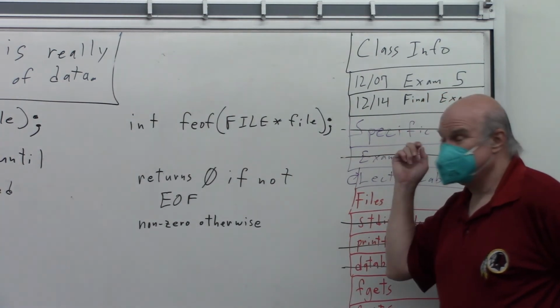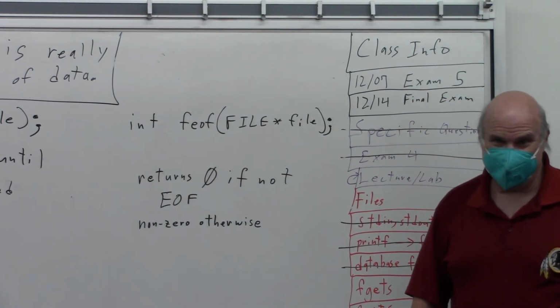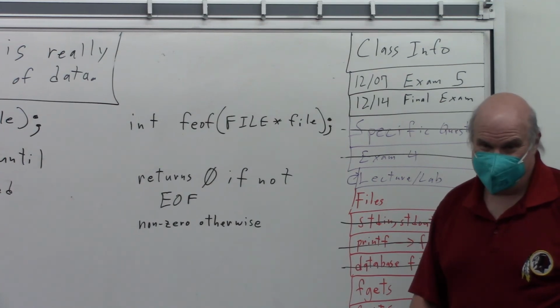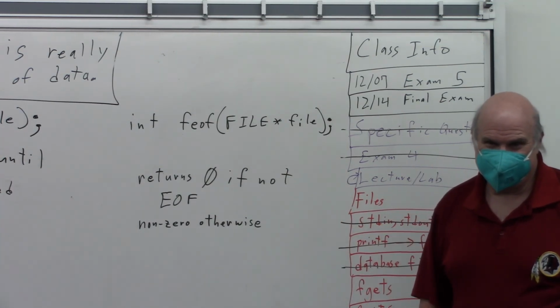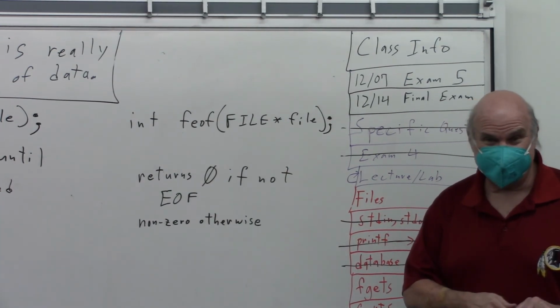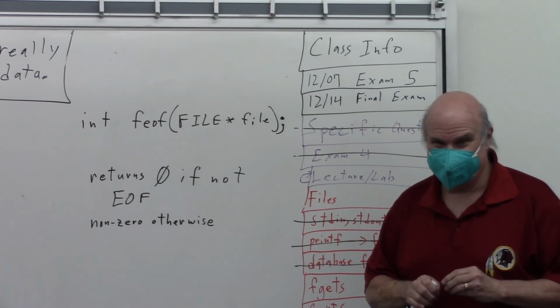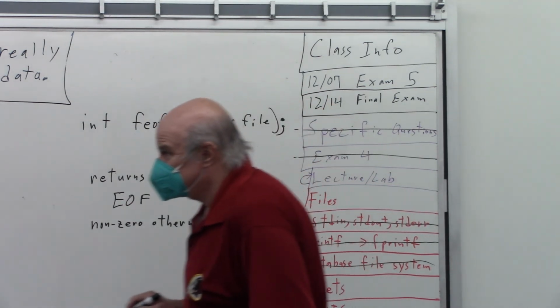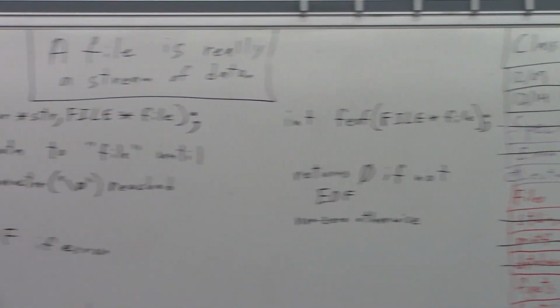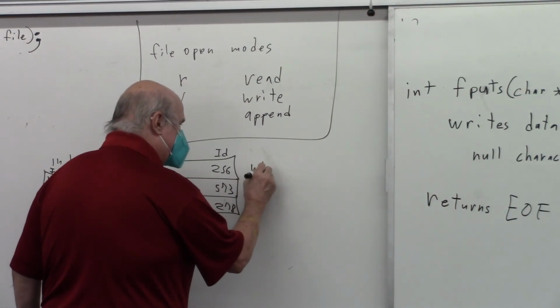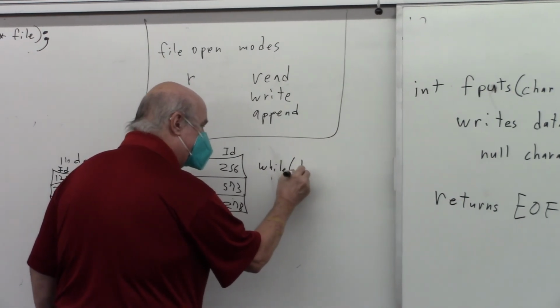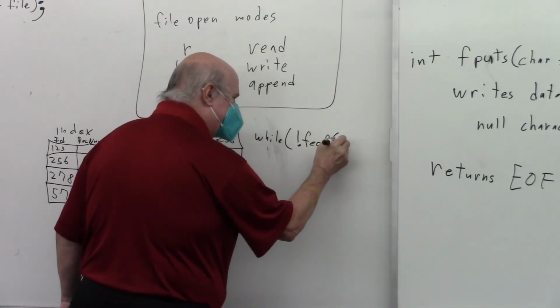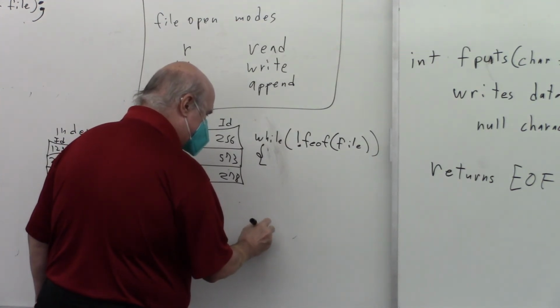When you do your implicit homework, you do some studying, and you see some examples, you'll see how they write the examples, and they're written a little backwards to most of our thinking. They will most often say, while not feof.